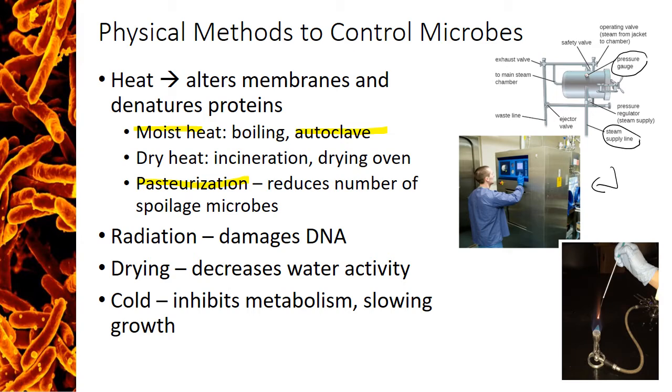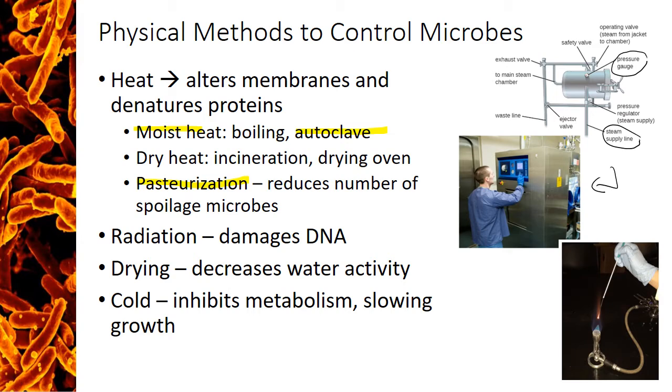Another bactericidal agent is radiation. So you can use things like X-rays or gamma radiation or UV light that will damage DNA and will kill microbes that are in a substance. We can also use drying, which has been used for numerous years, well before we knew what was actually happening with microbes.